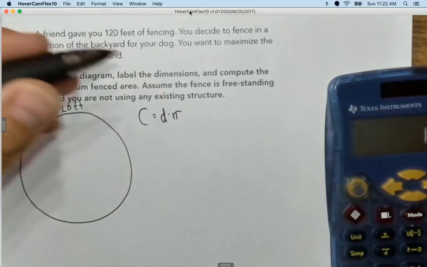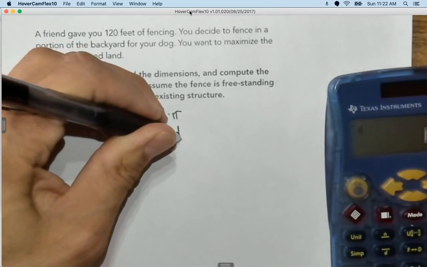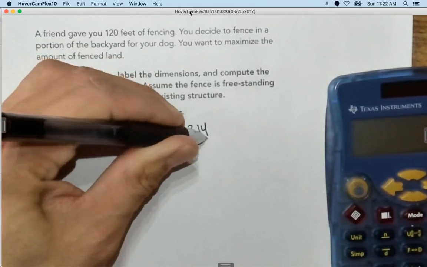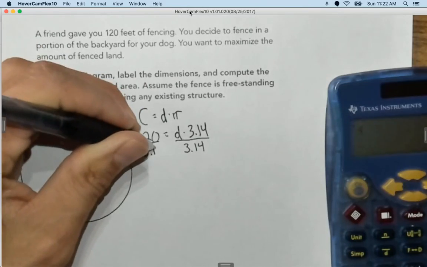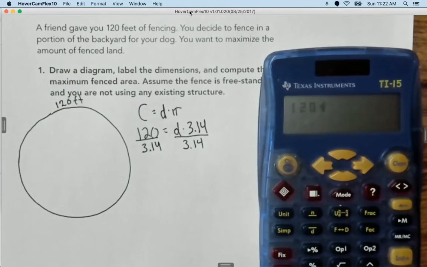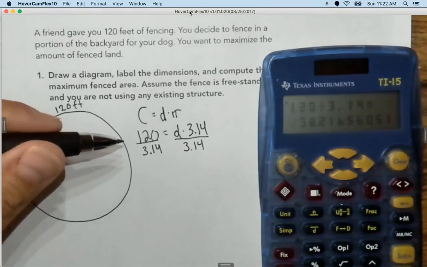I would put in 120 and my approximation for pi, and solve for the diameter.